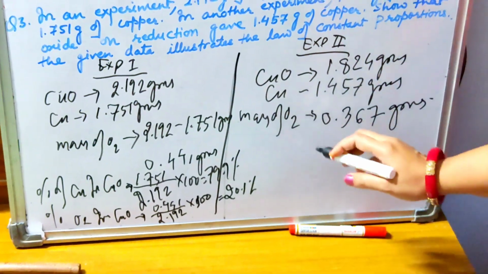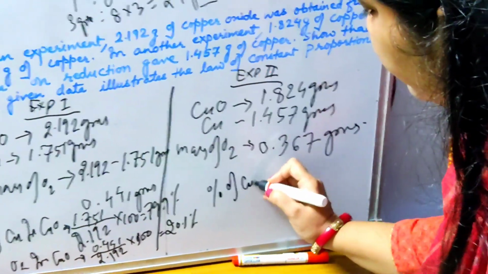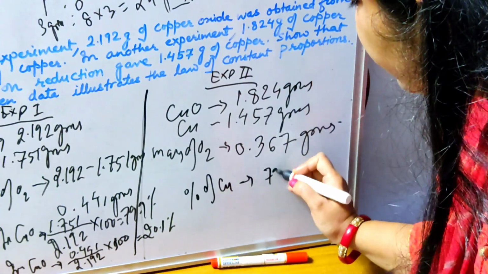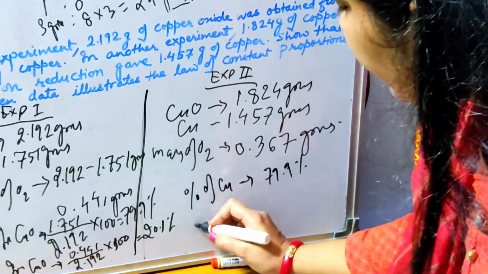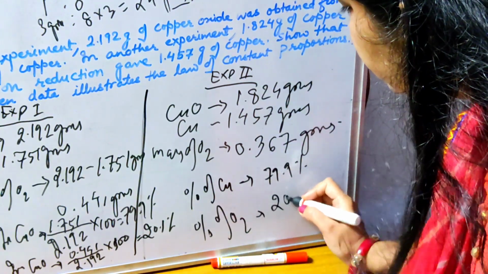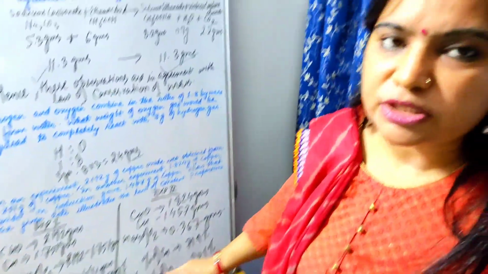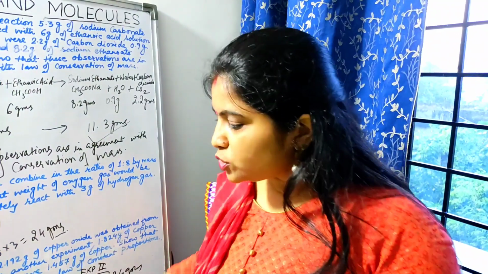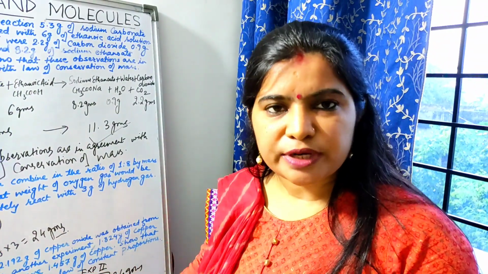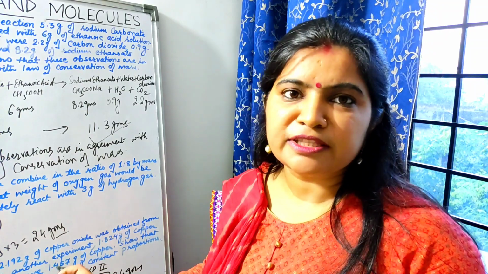Children, in the similar manner here also, when you do the same process, the percentage of copper in copper oxide will be 79.9% and percentage of oxygen will be 20.1%. So you could see that in both the cases the values are the same. So this experiment illustrates the law of constant proportion. So this is hence proved.